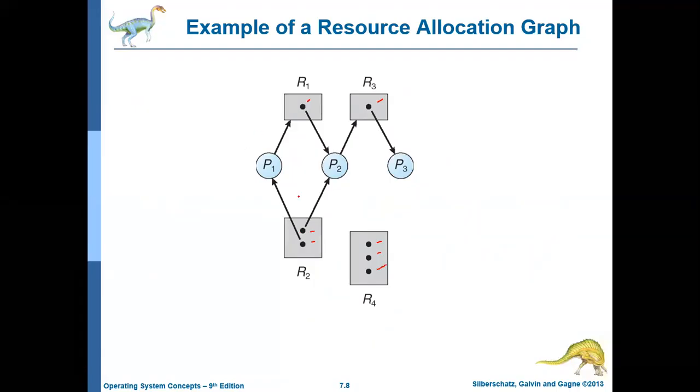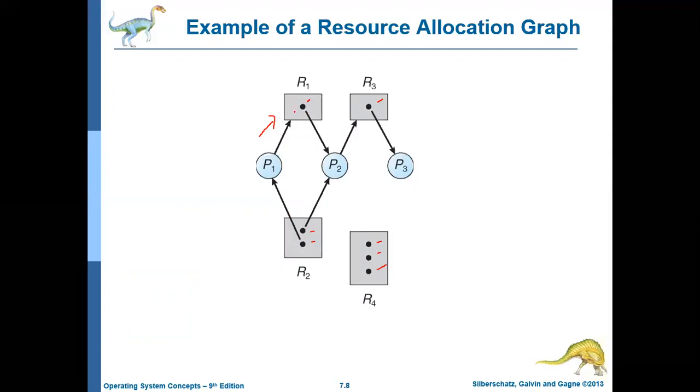So this graph says that one instance of the resource R2 is already assigned to the process P1. And P1 is requesting the resource R1.